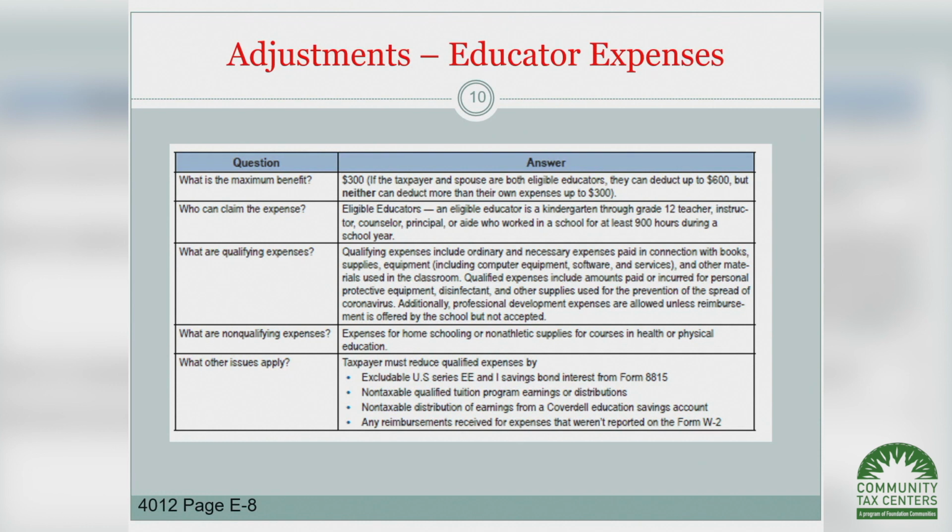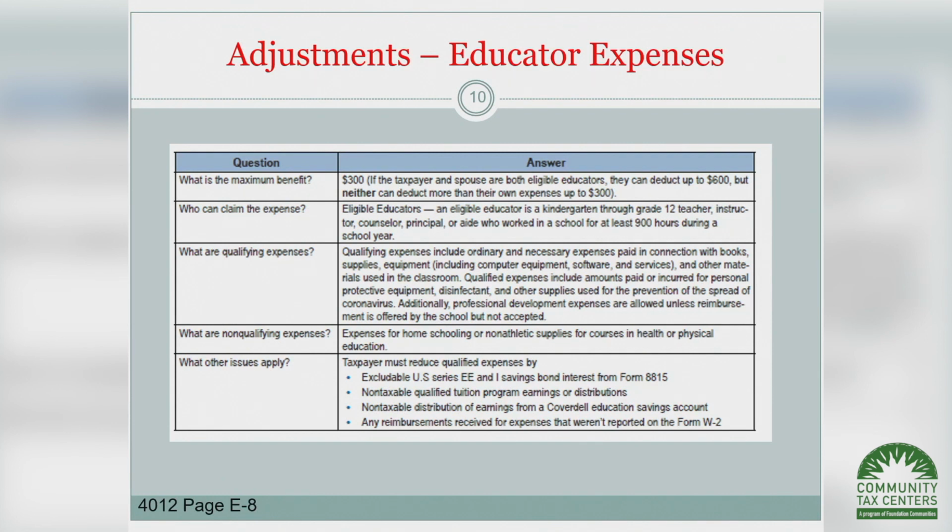Okay, let's look at the educator expense. There are certain qualifications, and there is a cap. The most you'll be able to take will be the $2,500. Okay, I'm sorry. I'm talking about interest. I'm ahead of myself. Educator expense, the most that you'll be able to take is $300. If it's a joint return, it would be $600. In order to take that expense as an adjustment, an eligible educator must be a kindergarten teacher through 12th grade.